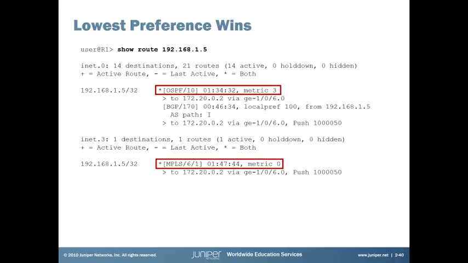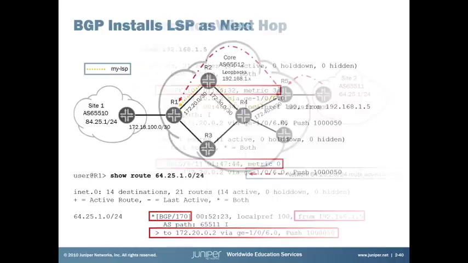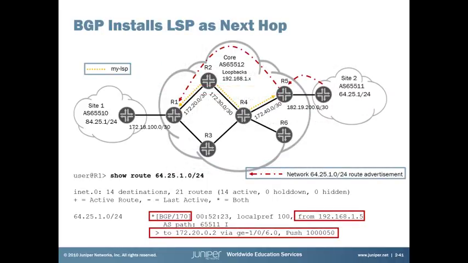So even though we have the ability to reach our destination via our IGP and also via MPLS, it is the MPLS that's got the better metric. And as you know, the lowest preference wins. So BGP installs the LSP as the next hop.